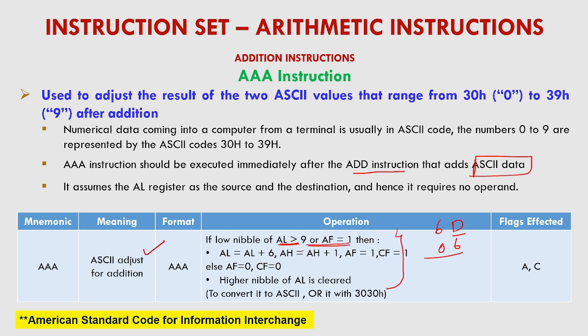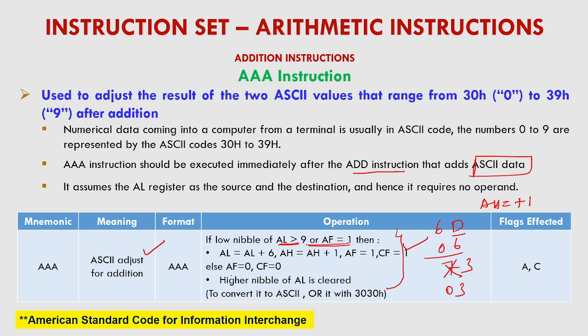Then we know that AH is incremented, right? Two things are happening. AH will increment by 1 and the upper nibble of AL will be cleared. Then only will we get a valid unpacked decimal number, right? The 73, but this will be cleared after the AAA process. Okay, so that's what is said here.